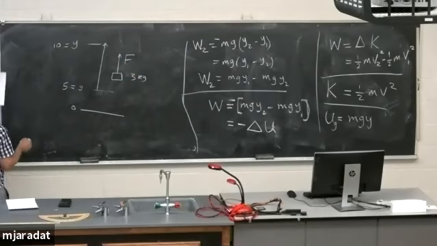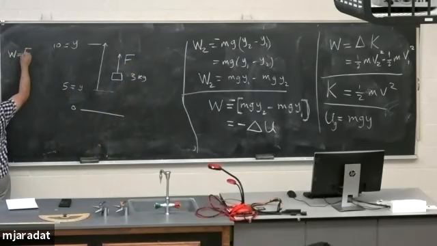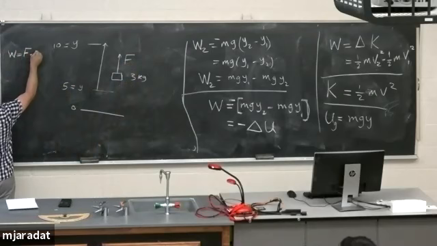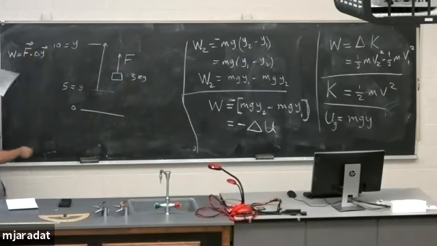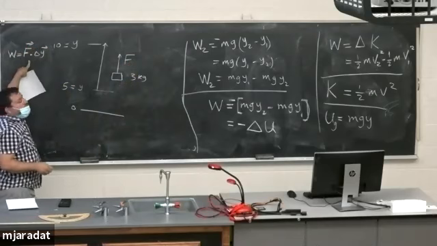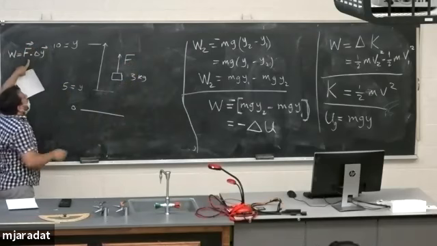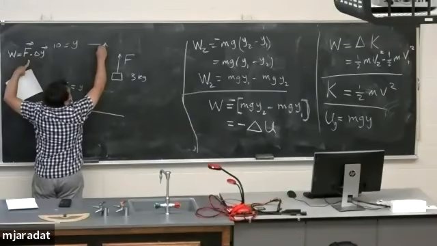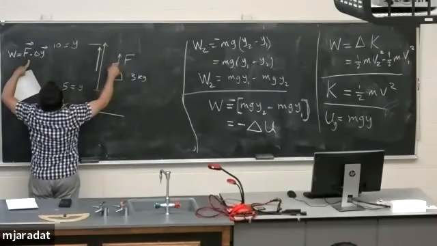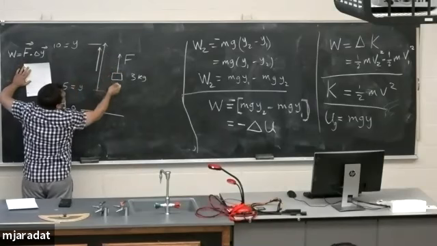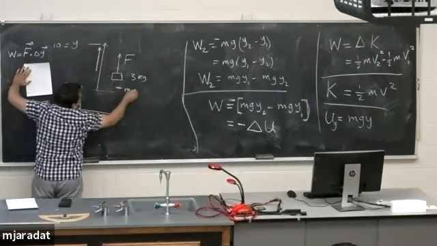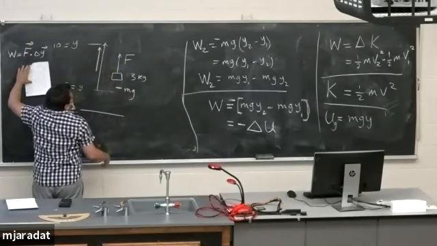Okay, what is the work? The work is equal to F dot delta y. I use now the dot product as you see. Delta y is upward. The applied force will be equal to the negative mg, just as the second case.